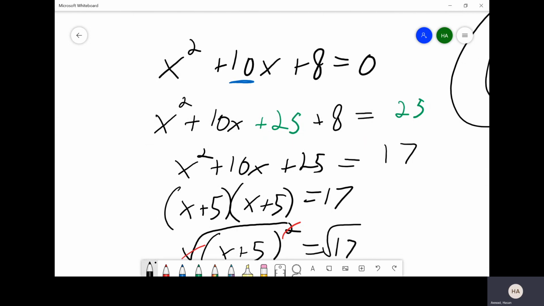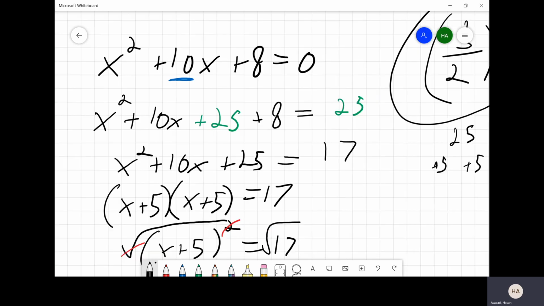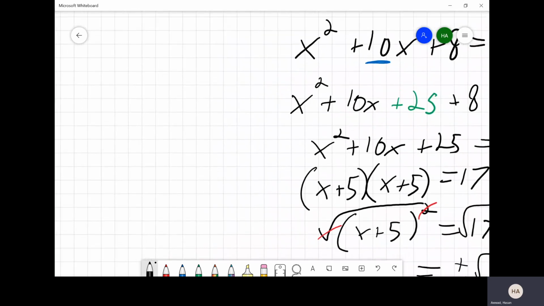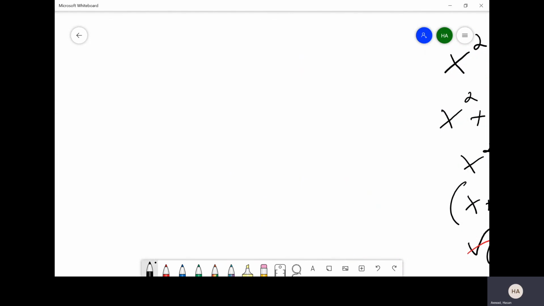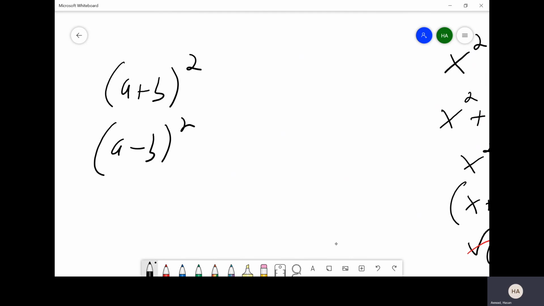And you might be wondering, well, where is this coming from? Why did this work? Where is this b over 2 squared coming from? Well, this is actually hearkening back to two of the three popular cases that I really told you to hammer into your memory. The first one and the most important one is difference of squares, but these are going to be the other two. The other two are a plus b squared and a minus b squared. And we know that the only difference between the two is going to be the sign, and all the sign impacts is the middle term.